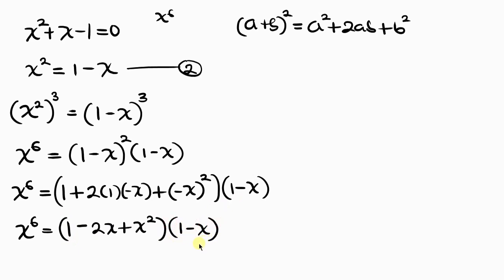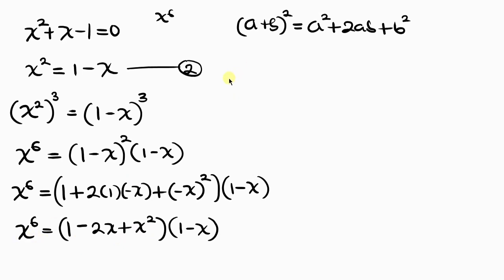Our next step will be for us to substitute for x squared. Recall that from equation 2, x squared is equal to 1 minus x. So we're going to be putting 1 minus x in the place of x squared here. So let's go ahead and do that.